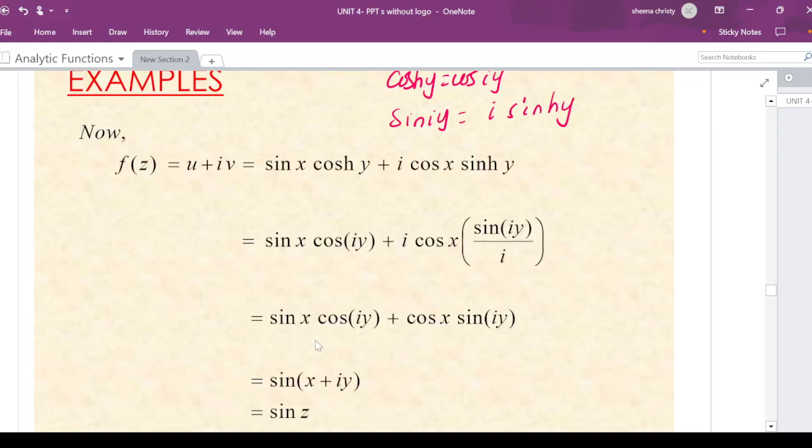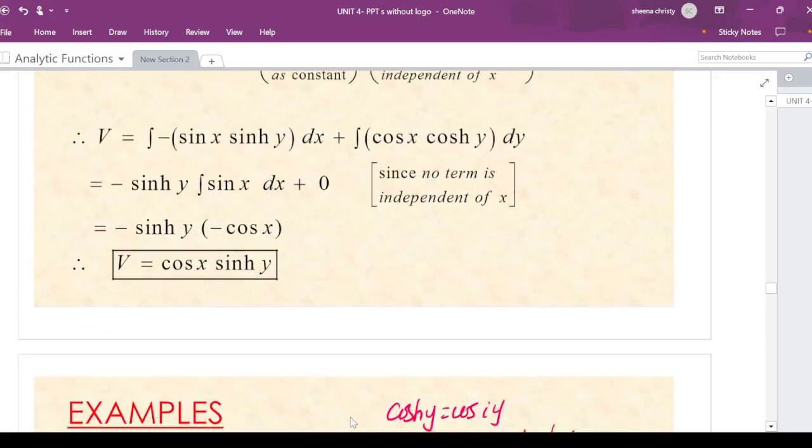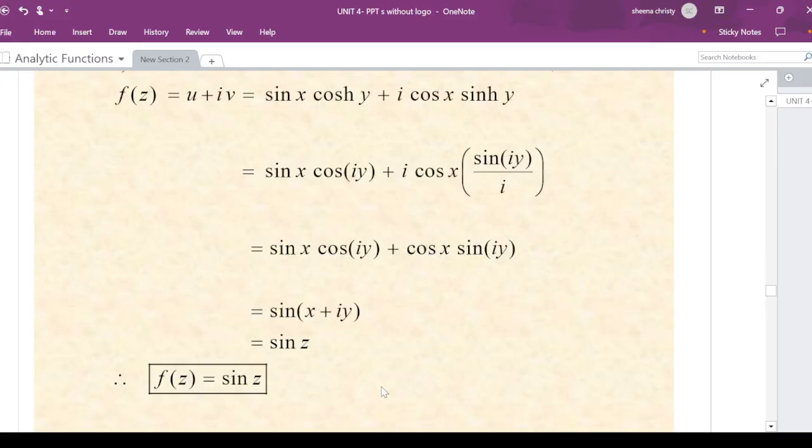It is like the sin a cos b plus cos a sin b formula. It gives you sin of a plus b. In the place of a, you are having x. In the place of b, you are having iy. So sin of x plus iy, which gives you sin z. Hence, f of z equal to sin z, and v also we have found out. So this is the methodology of finding the analytic function by making use of conjugate harmonic methodology.